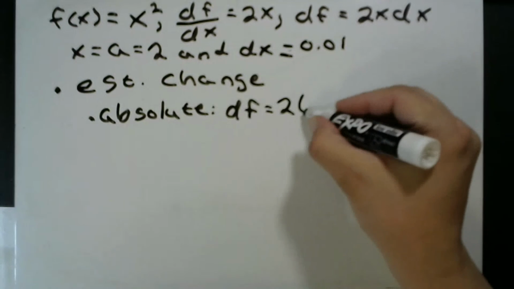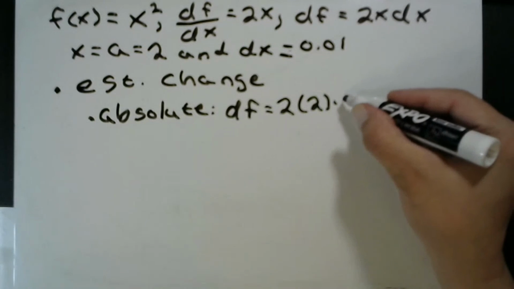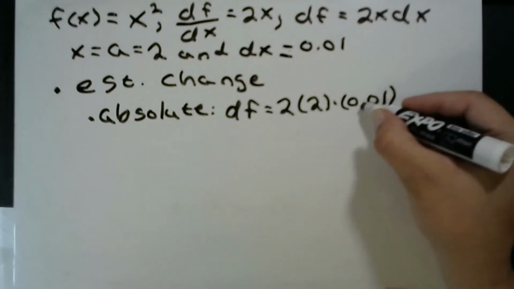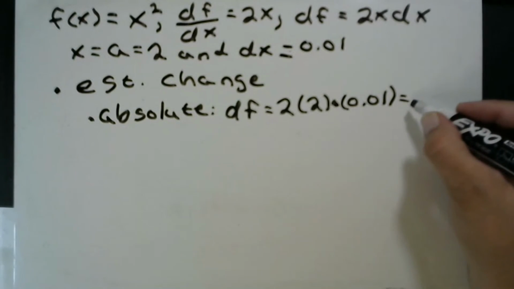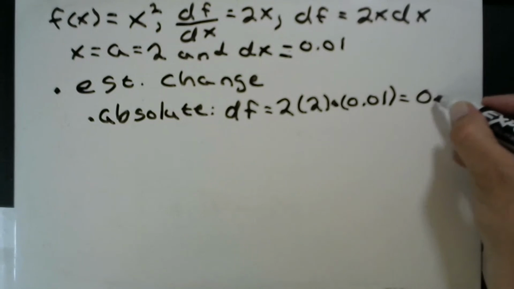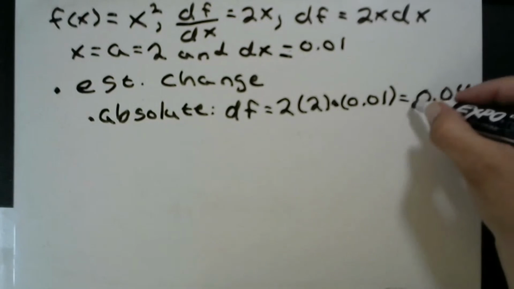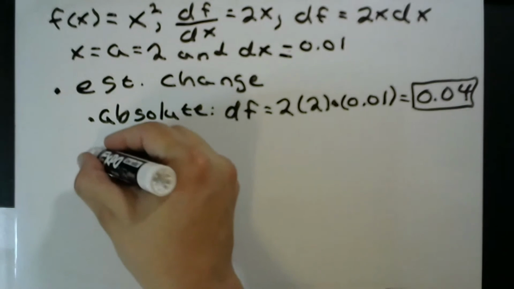So 2 times x equals a, which is 2, times dx, 0.01, and that's going to come out to 0.04 or 4/100ths. So that's our absolute. That's our actual change, or estimated change in this case.